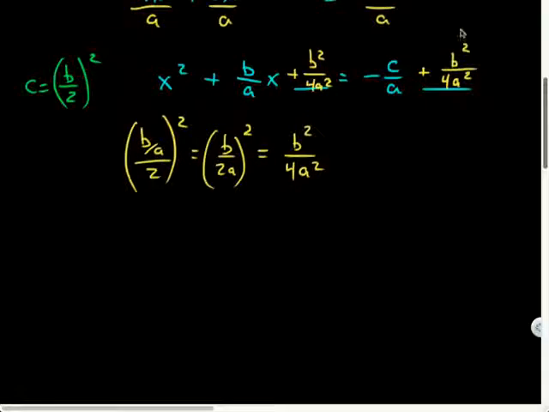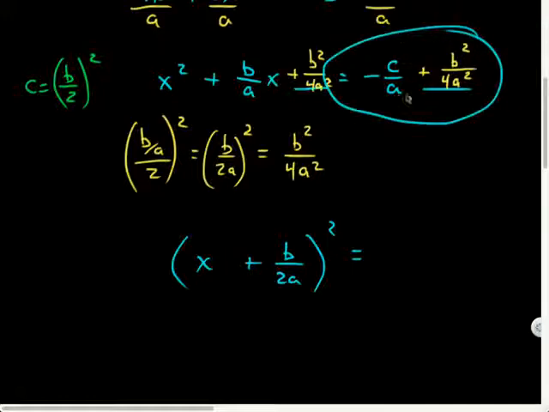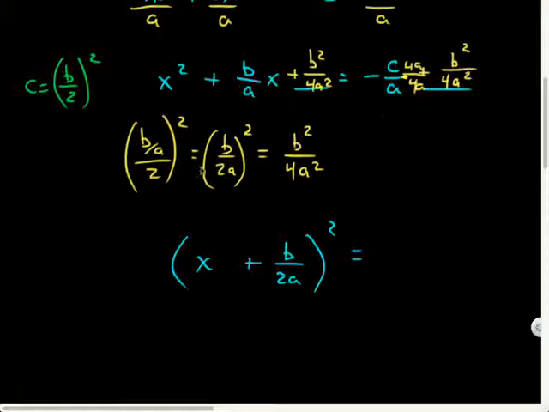Now, the left-hand side fast factors. You guys know how to factor that. What's that going to be? x plus b over 2a all squared equals, oh, I need a common denominator here. Between 4a squared and plain old a, what would I have to multiply this by? It's missing a 4, and it's missing another a, so 4a over 4a.